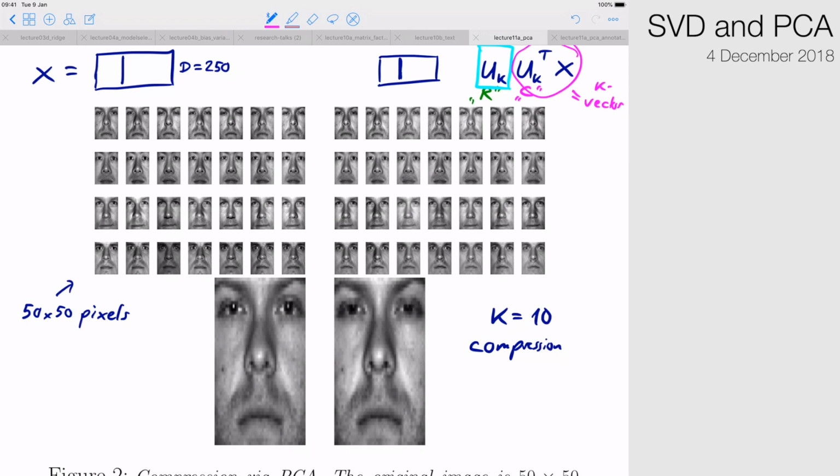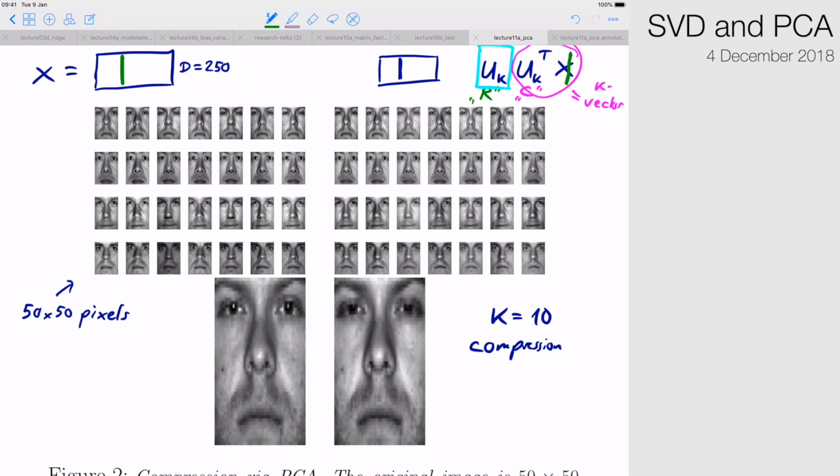Given an image, so this is the case if you only look at one column of X, I take one image and I compress it. What does that mean? I have gone from 250, that was my green vector, and I compressed it by applying U_k transpose. Now I'm down to 10 dimensions.